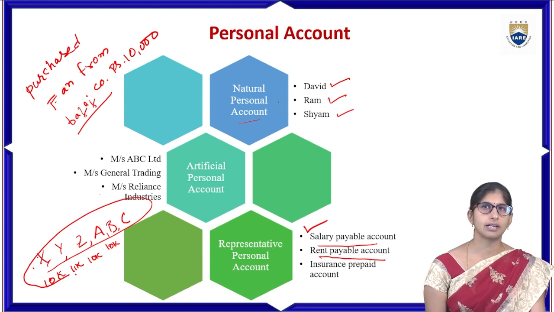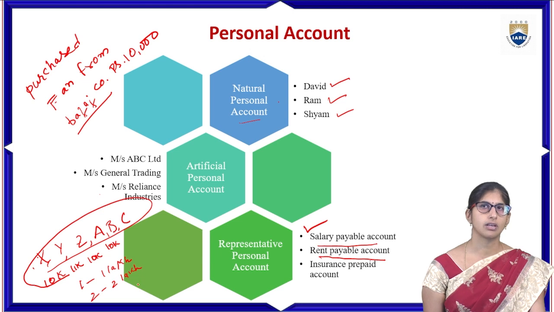I'm not going to write that Lakdi Ka Pul rent is 1 lakh and Gachibowli 2 lakhs. I'm not writing all these accounts individually. So the total of 5 lakhs is the rent payable, and I'll put it in the rent payable account.